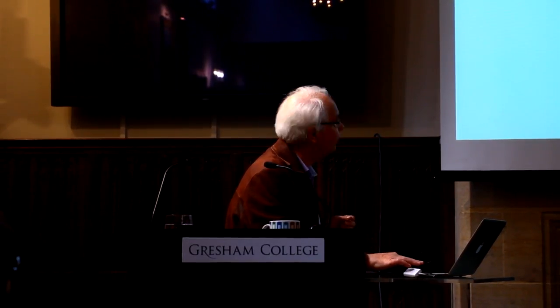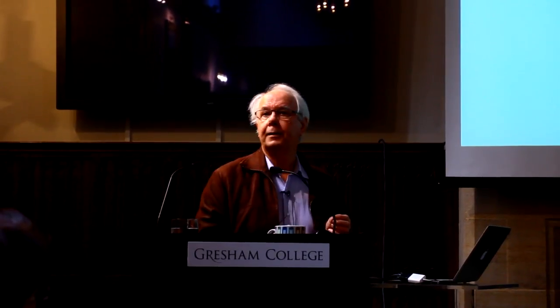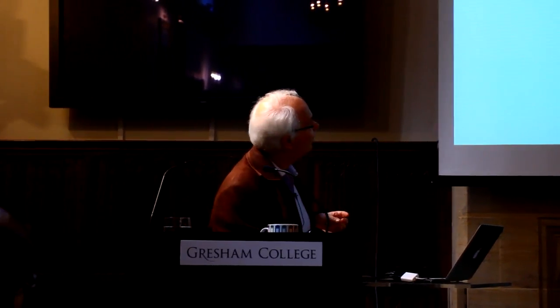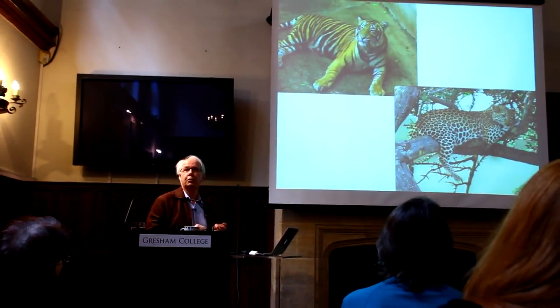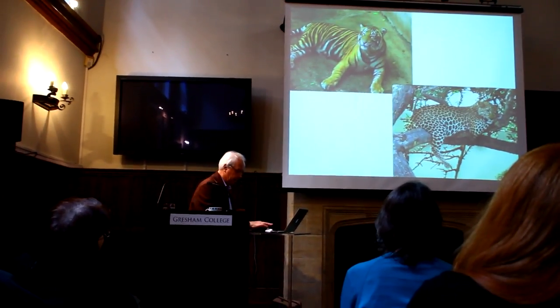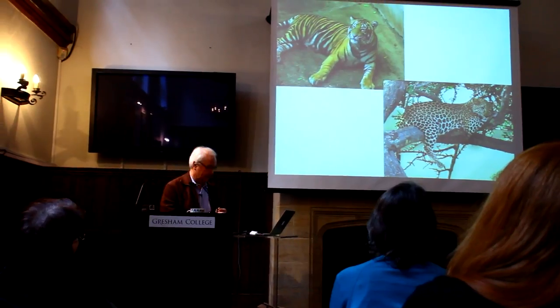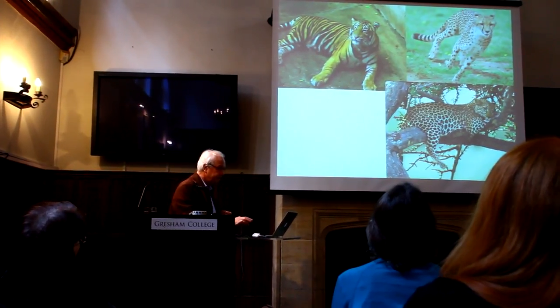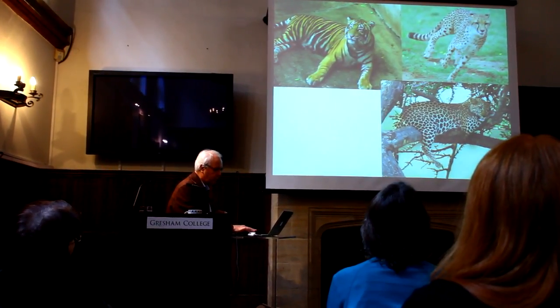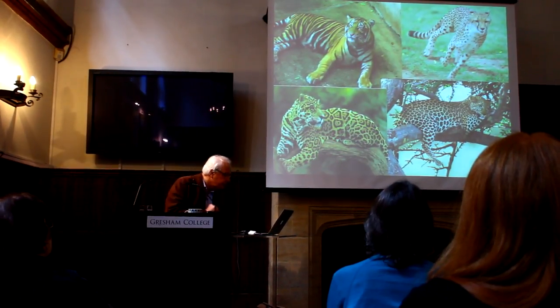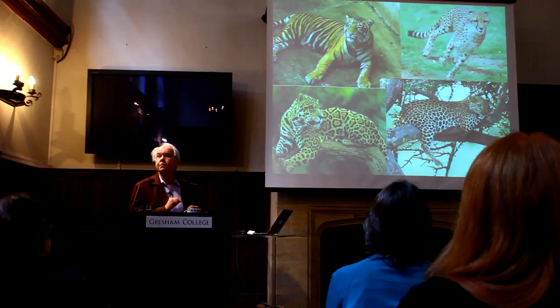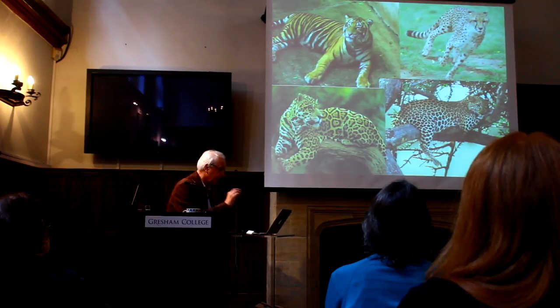Now, tigers are not the only cats with patterns. There's a leopard, very nice leopard, doing typical leopard things, sits in a tree, dangles its legs down. A lot of the day it spends like that. Cheetah, runs around a lot. That is a jaguar, South American.